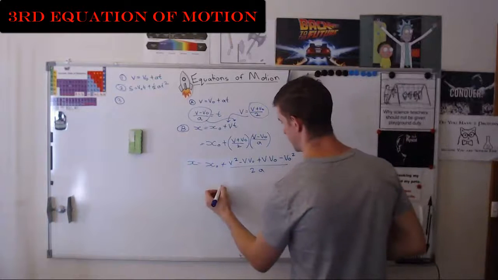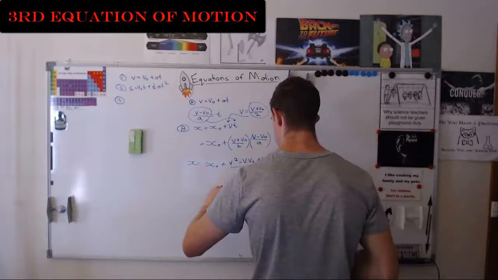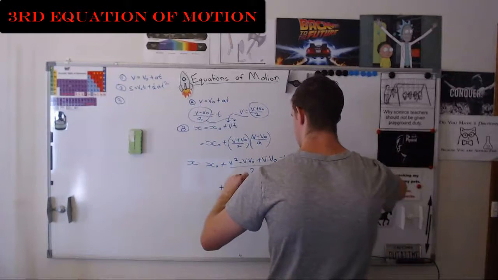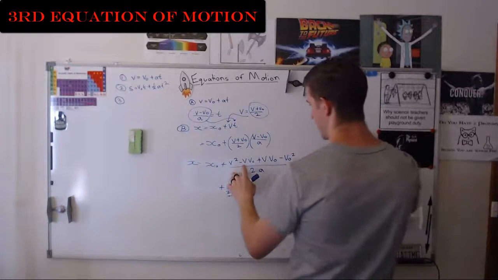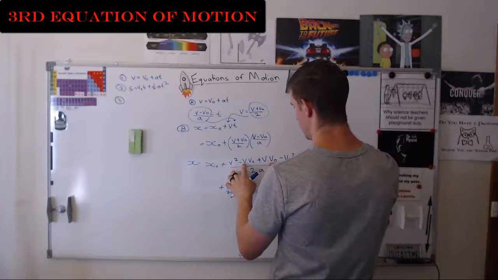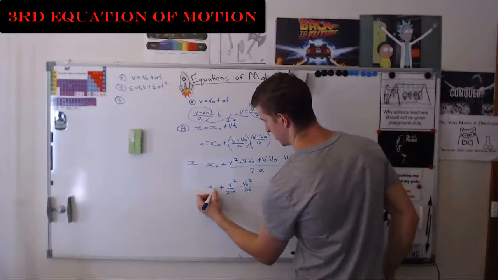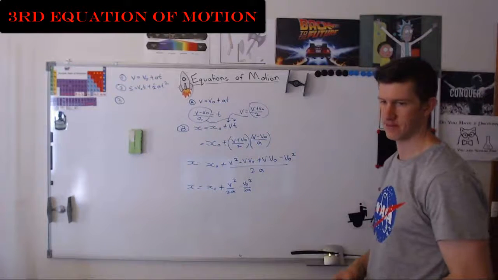Firstly, if I break it into individual fractions, I'll have V squared over 2A. I'll also have a minus V naught squared over 2A. And here I'm going to have minus V naught plus V naught, so those vanish. So I've just got this, and I've got X naught equals my original X.